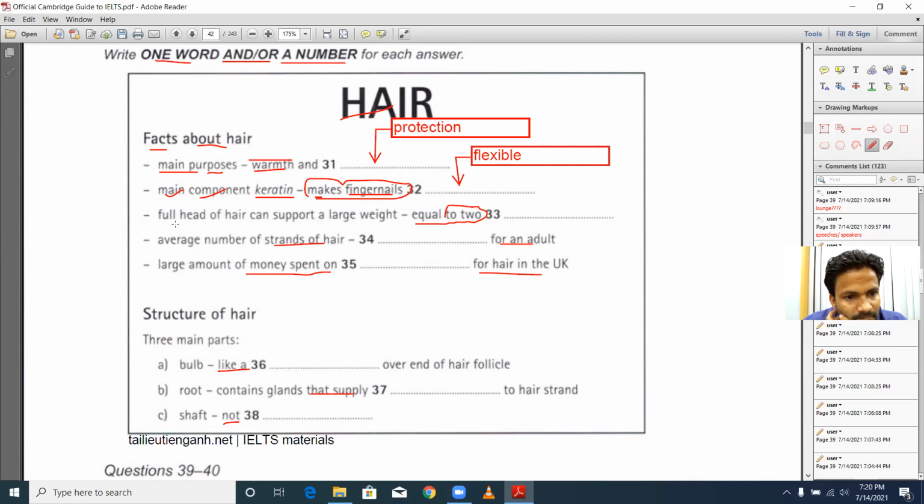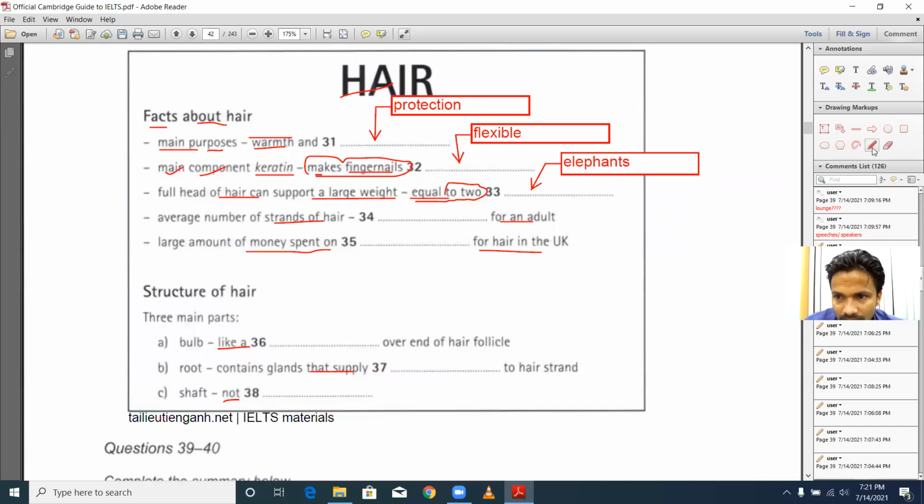One single strand can support a weight of up to 100 grams. This may not sound like much, but a full head of hair can support up to 12 tons, which is the equivalent of a couple of elephants, which is simply amazing. Though I advise you not to put this to the test.